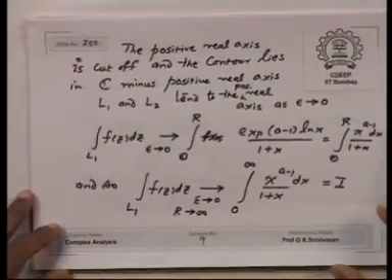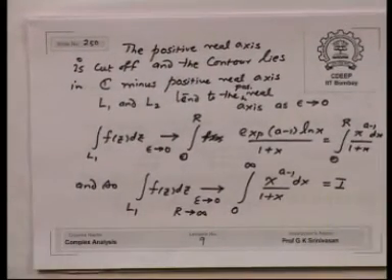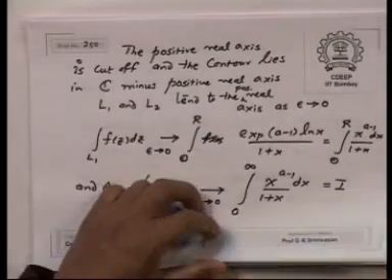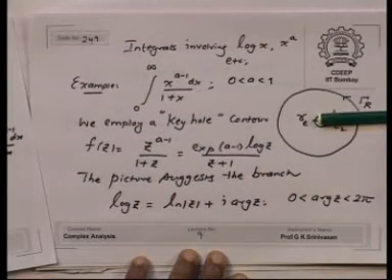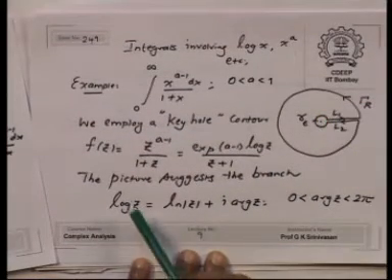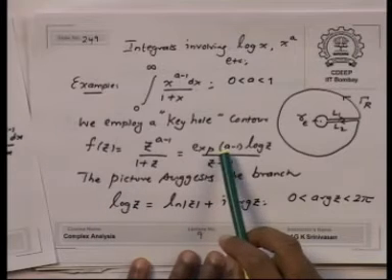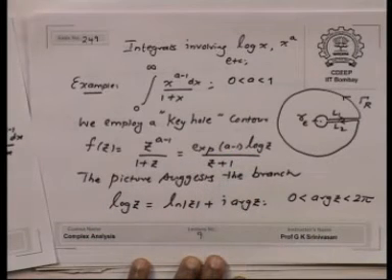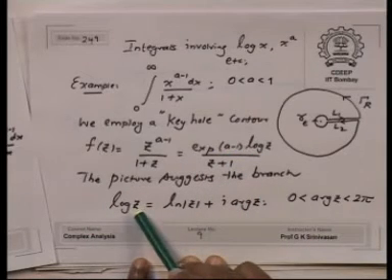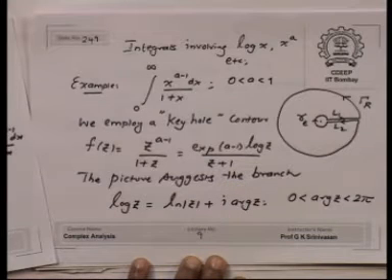And so, now let us look at L1. What is the integral of f of z dz along L1? It is going to be the limit when epsilon goes to 0, this is approaching the origin, this is approaching the real axis from above. What is your f of z? f of z is z to the power a minus 1 upon z plus 1. What is happening to log z as z approaches the positive real axis from above?